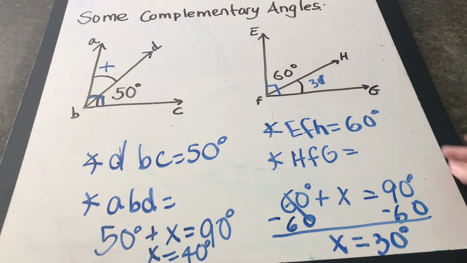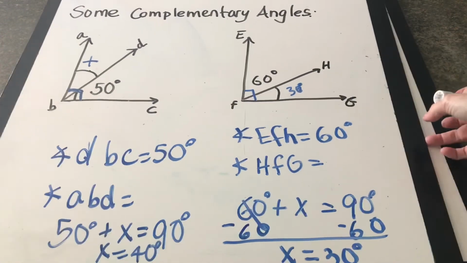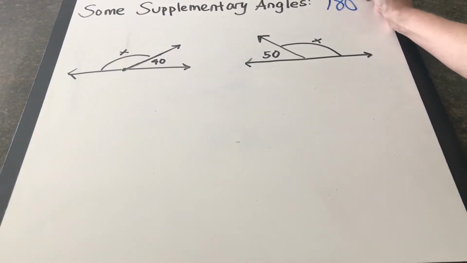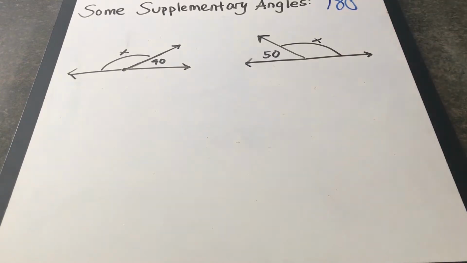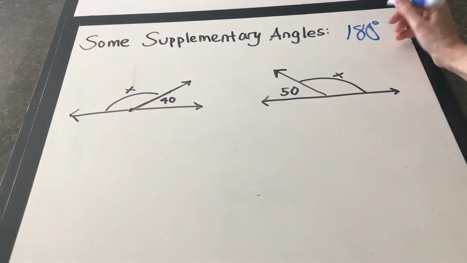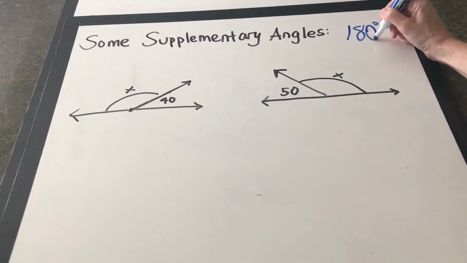So pretty straightforward. Now let's look at some supplementary angles. Supplementary, remember S for straight line, and any straight line has to equal 180 degrees, okay? So let me move this down. This says 180 degrees here.